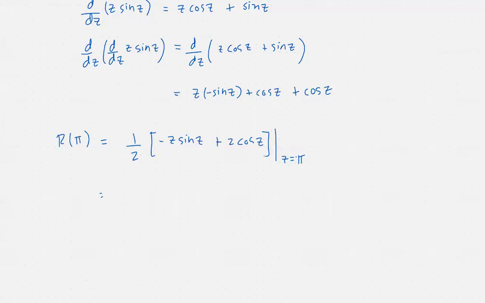Now we have 1/2 times negative π sin π plus 2 cos π. Sin π is 0, right? That is 180 degrees.